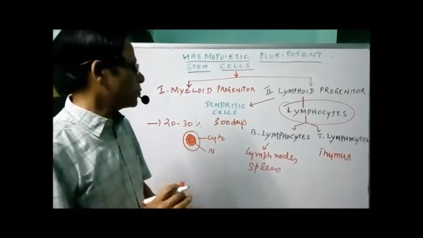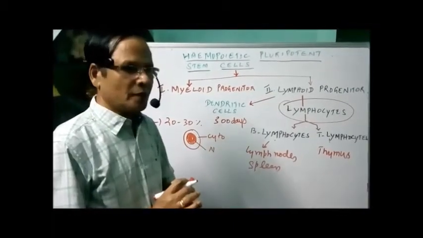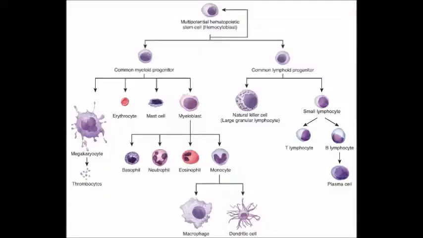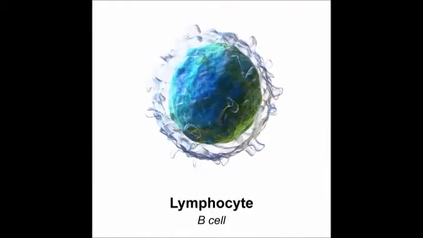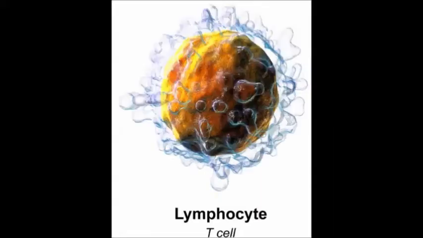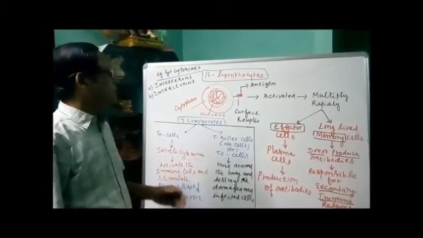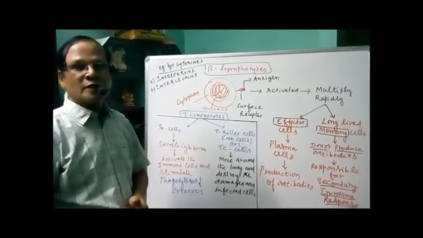Now, what is the role of B lymphocytes and what is the role of T lymphocytes? How is it working?